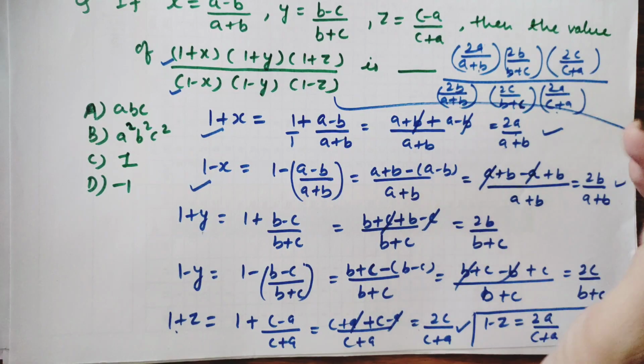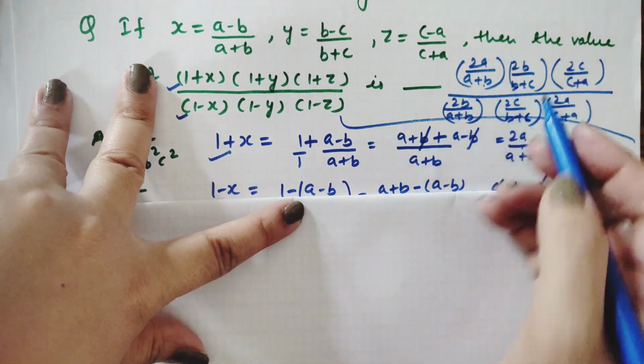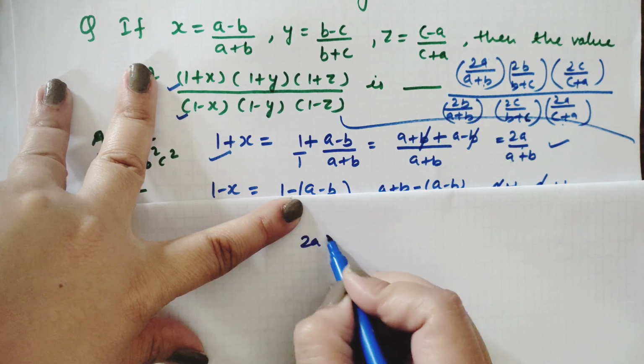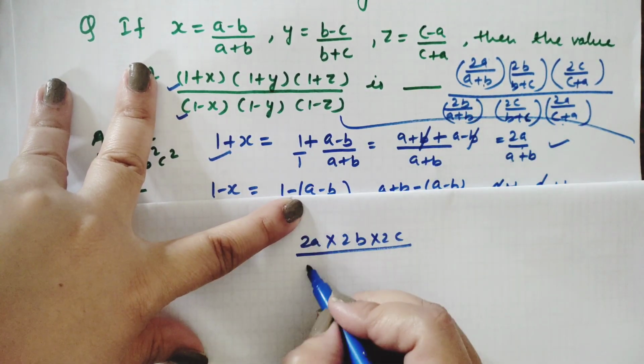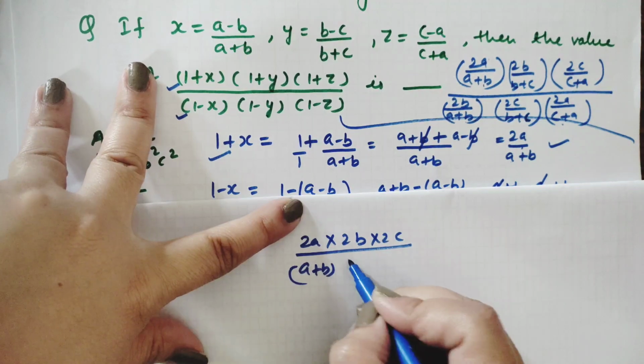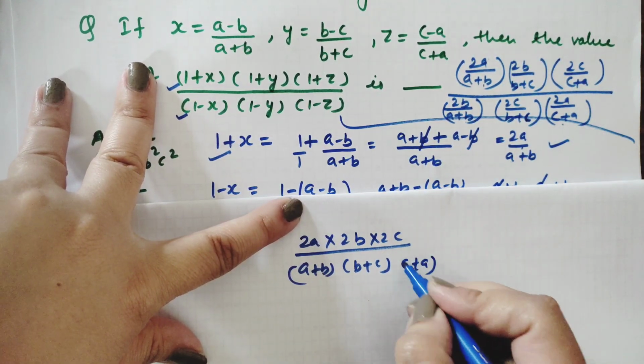If you solve this, you will get the value 1. Now how to solve this portion? In the upside is 2a into 2b into 2c, and the downside is (a plus b), (b plus c). If you cancel out, you will get the value of 1.